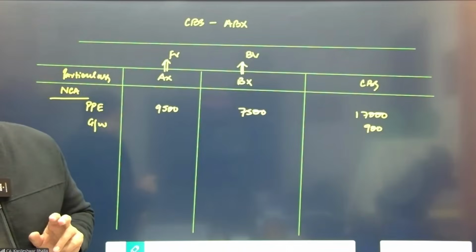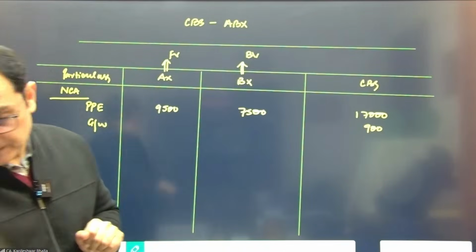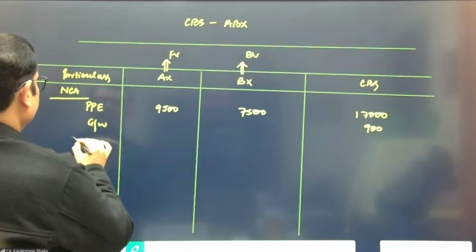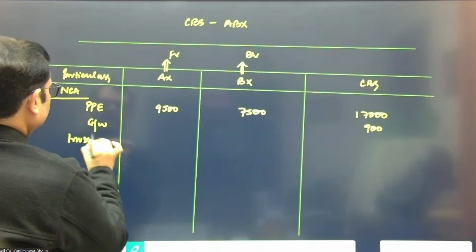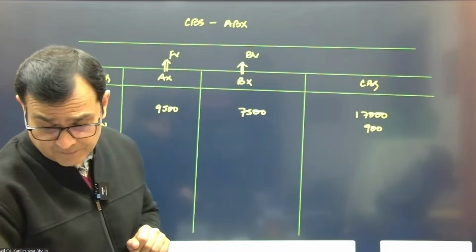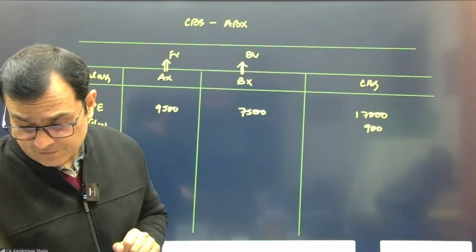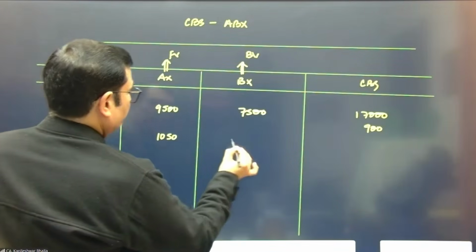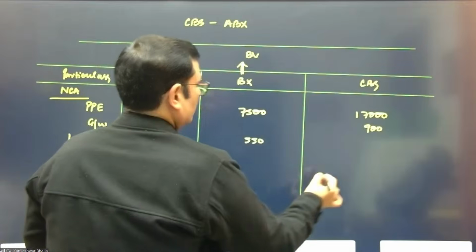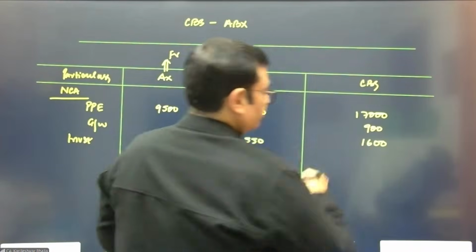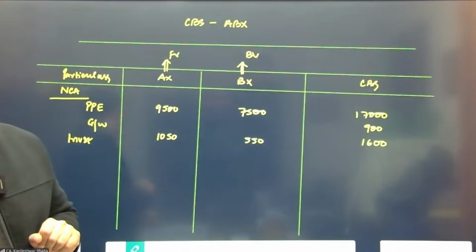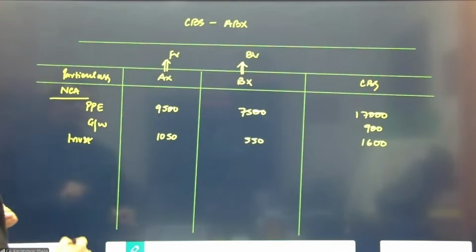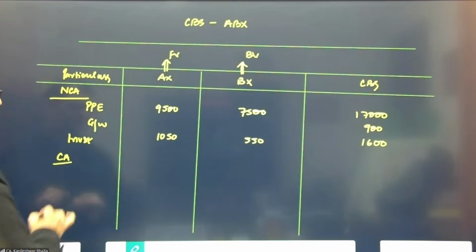Next, I am given the item in the balance sheet, investments. And investments in any case have no fair value. So we take the book values itself, that's 1050 and 550. So that works out at 1600. Next I am given the current assets in the balance sheet.